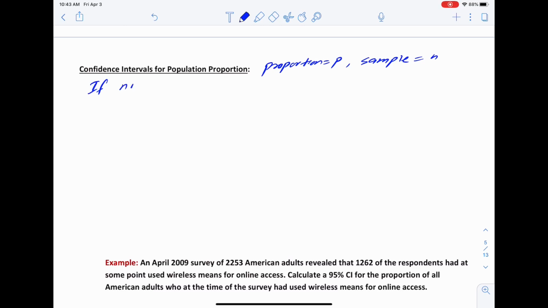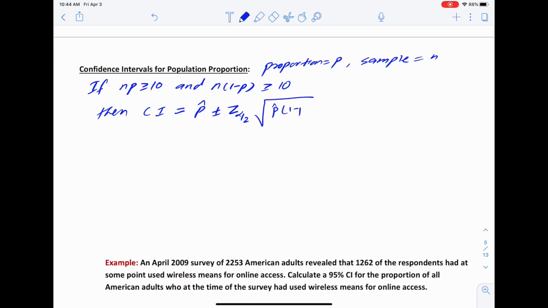Now if N times P is greater than 10 and N times 1 minus P is greater than 10, if N and P meet these two conditions, then for finding the confidence interval we can simply use P hat, that's the sample proportion, plus or minus z alpha over 2 times square root of P hat times 1 minus P hat over N, where P hat is the sample proportion.